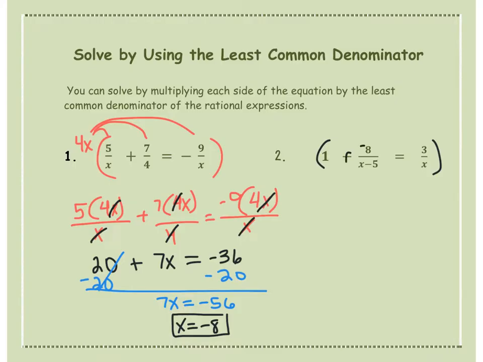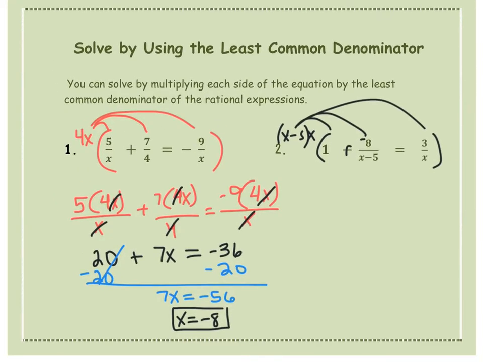So we said our least common denominator was x minus 5 and x. So I'm going to distribute all of that here, here, and here. Now, I'm going to actually skip this step from number 1. Here's the reason I'm going to skip that.